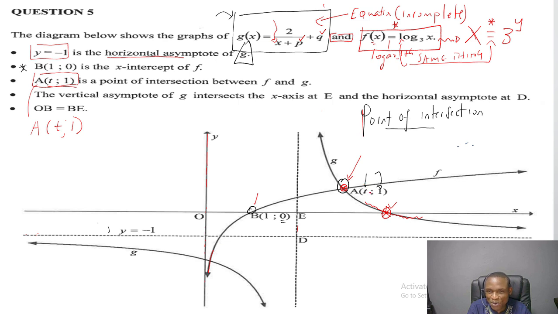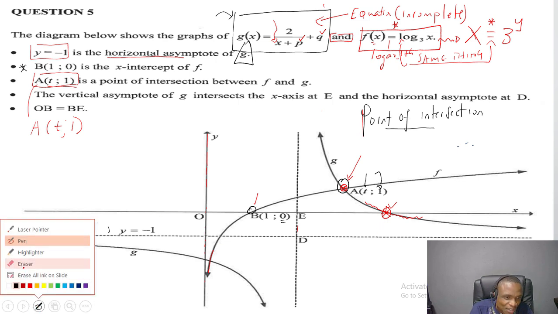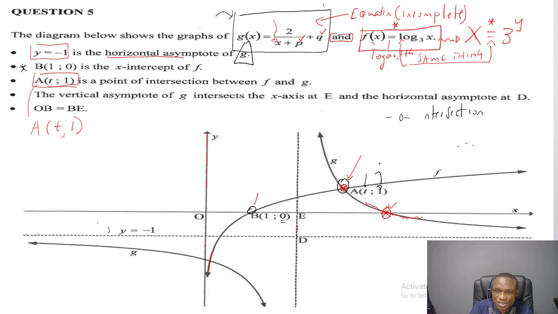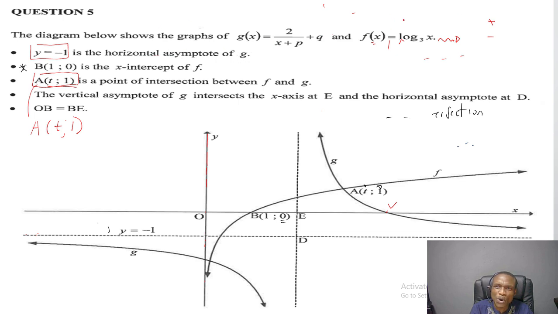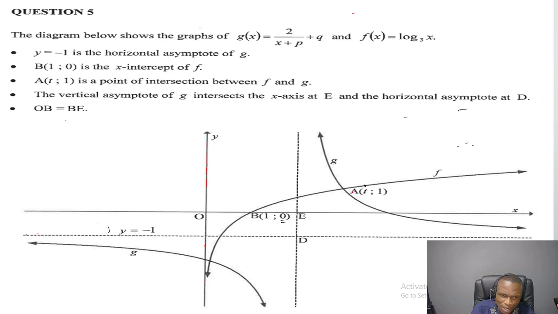He might want to know the value of T. Okay? Interesting. Let's go through this. You see, I'm not rushing to answer the questions because I want you to be informed. I want you to be imparted with mathematical knowledge. I'm giving you ideas in mathematics.